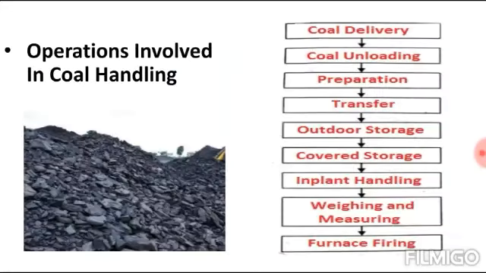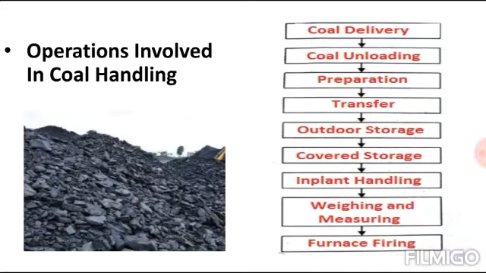In short, the coal is delivered using truck, ship or rail. Then the coal is unloaded using different equipment. Then in the preparation phase, the unloaded coal, which is of different sizes, is crushed into small particles. Then in the transfer phase, the crushed coal is transferred to the power plant, and in outdoor storage we store the coal for emergency situations.